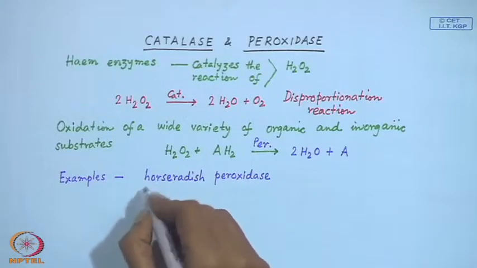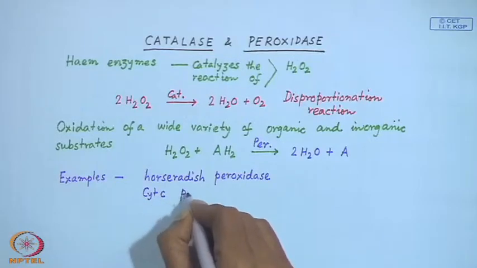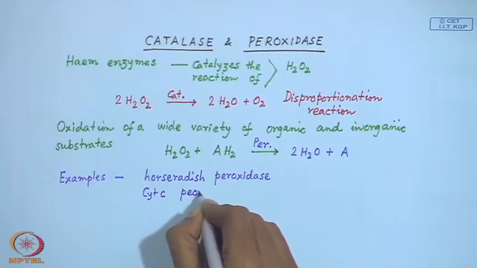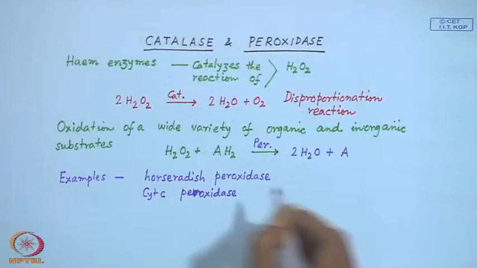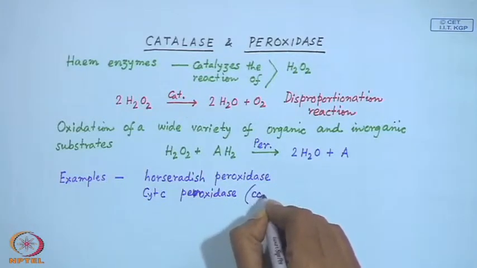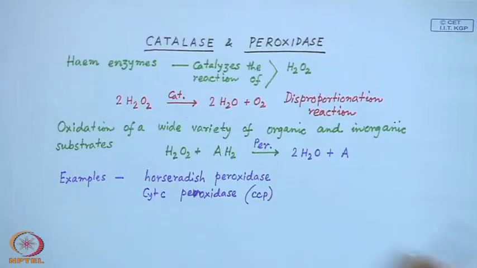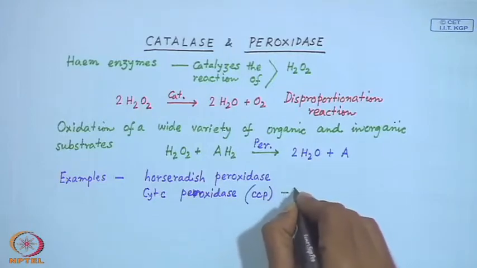Then cytochrome C peroxidase is also well known, which is also abbreviated as CCP, and we get that from yeast. It is very commonly available from yeast.